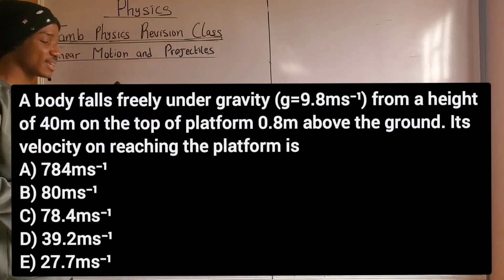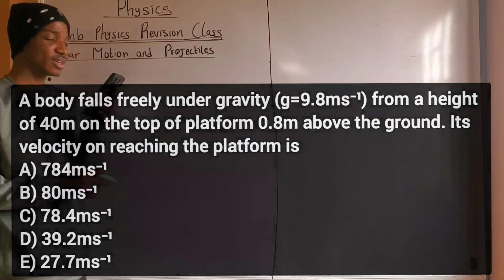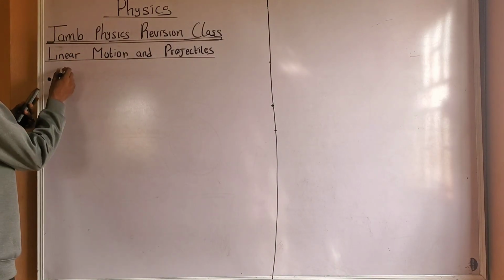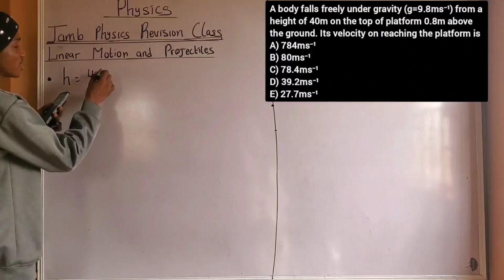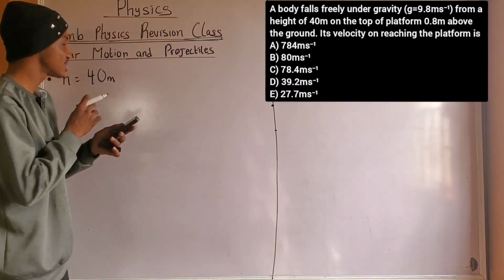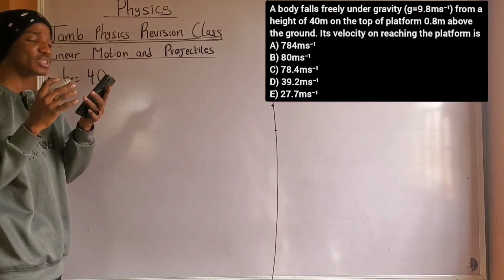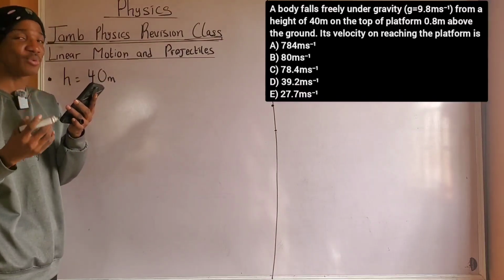We are given that the height which the body falls is what? 40 meters. H equals 40 meters. Are you getting it? Then the body falls on a platform which is 0.8 meters above the ground level.